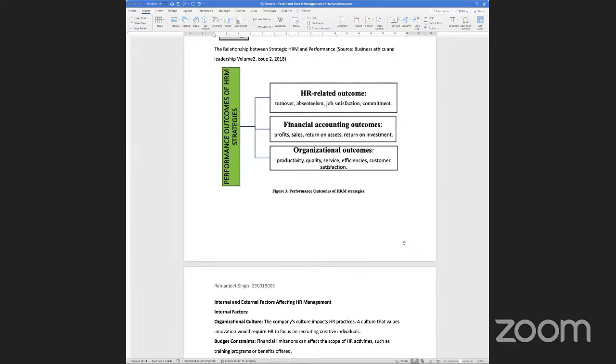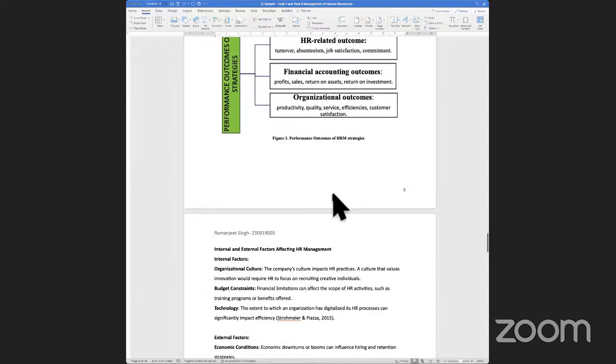Then these HR objectives can be put into smaller activities, and they would be highlighted with an example. That would mean that you are able to cover this in great detail.